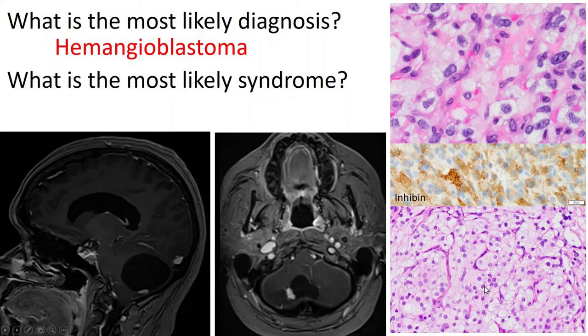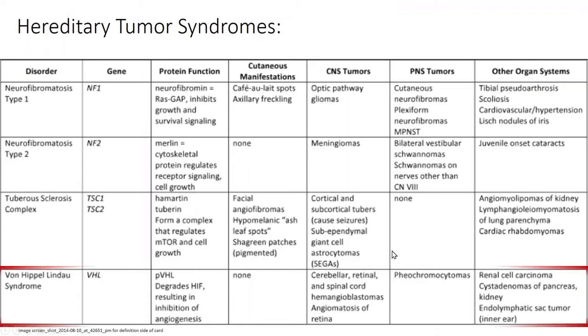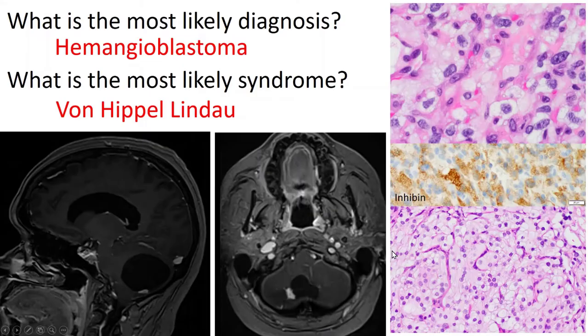So what is the name of the tumor syndrome? The familial tumor syndrome that is classically associated with hemangioblastoma and renal cell carcinoma is VHL. So von Hippel-Lindau, classically associated with hemangioblastoma, but you have to think about renal cell carcinoma. So what's going to kill the patient?